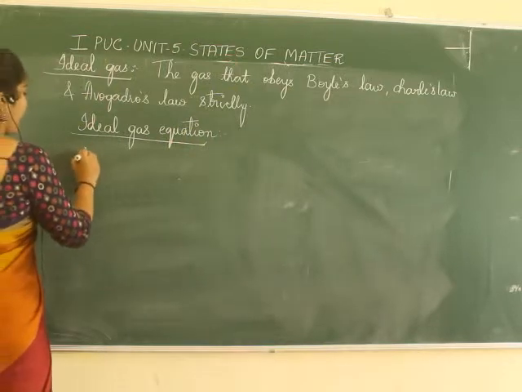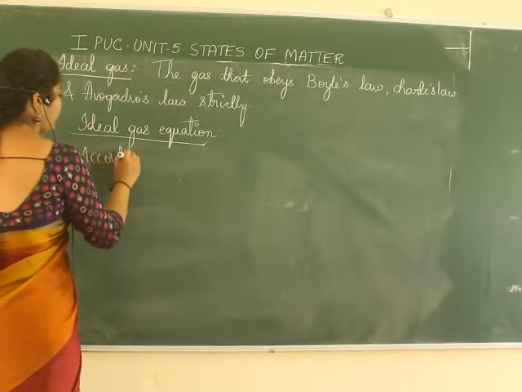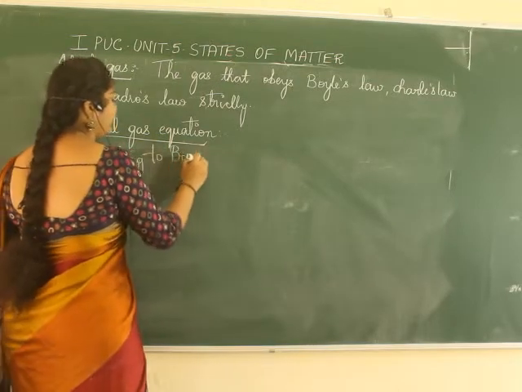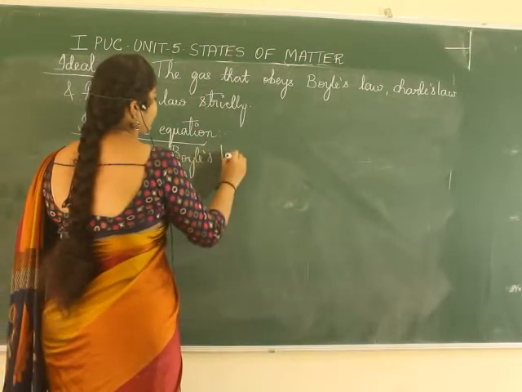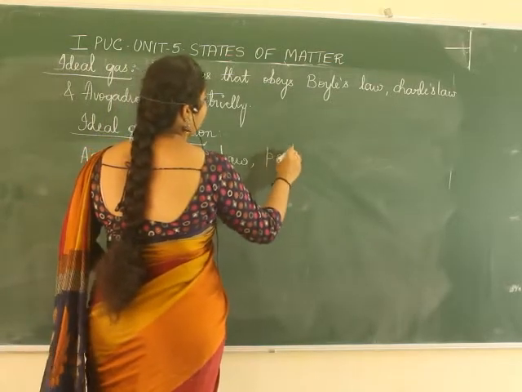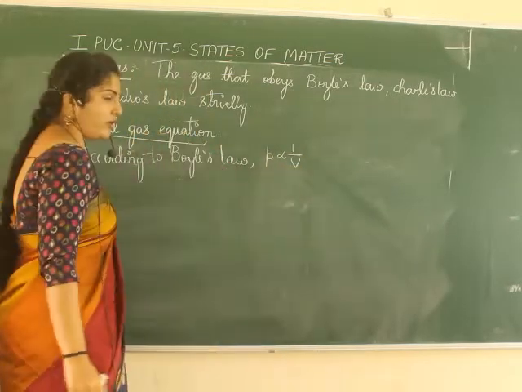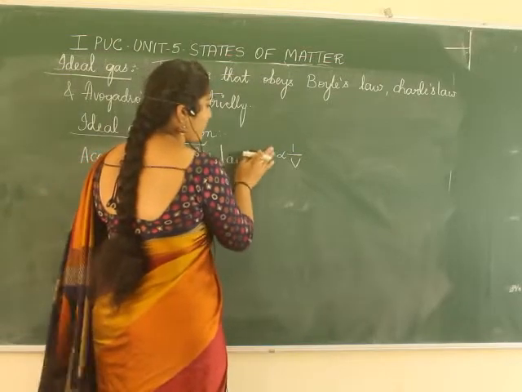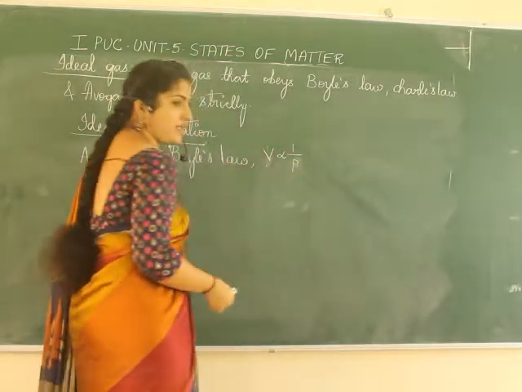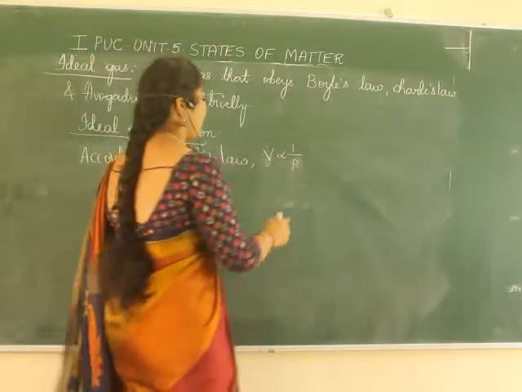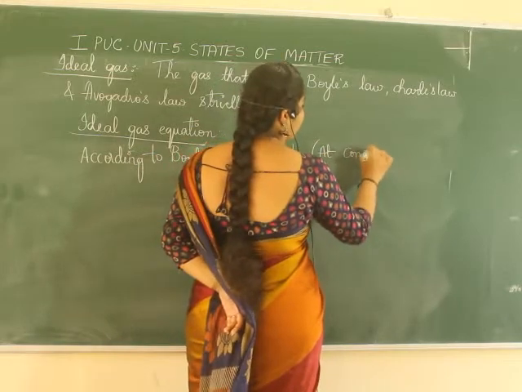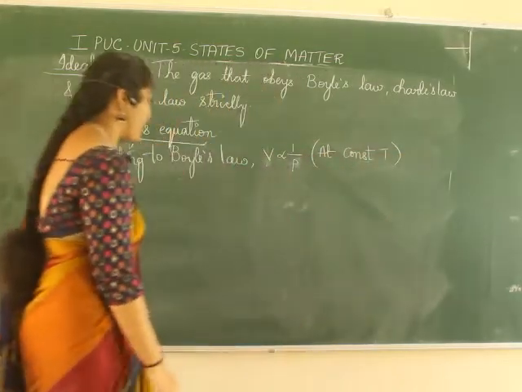So you will write according to Boyle's law. How do you write? Pressure is inversely proportional to volume. So I will write it this way: volume is inversely proportional to pressure. One and the same, isn't it? I'll tell you why I am writing it this way. At constant isotherm, that means constant temperature. This is one equation.